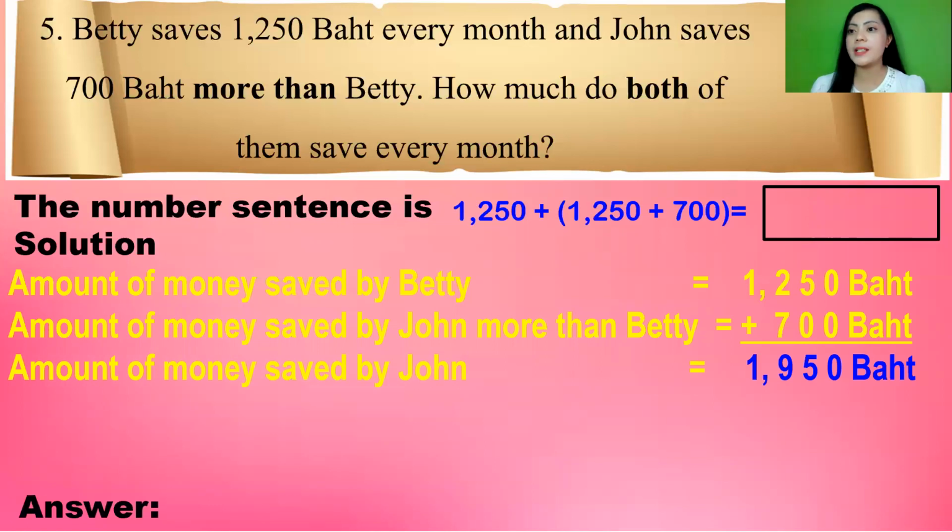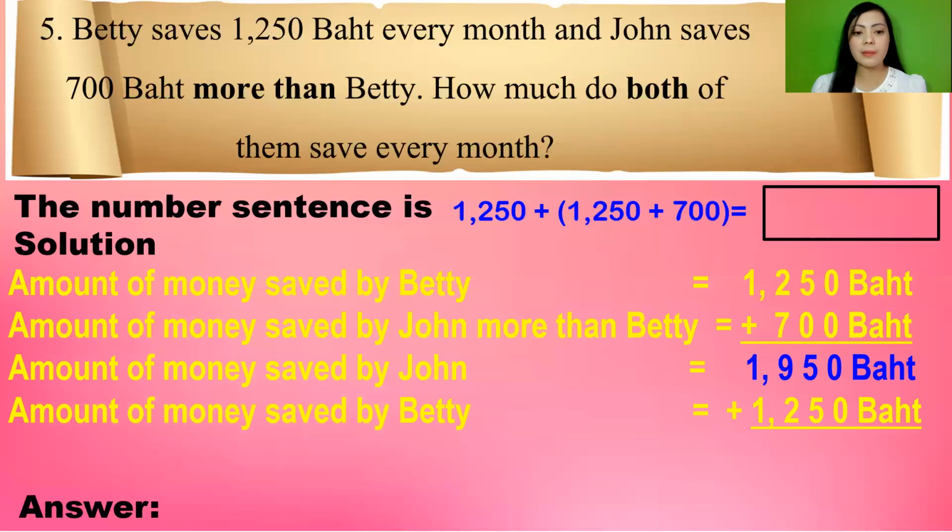That is more than Betty. Okay, so now we can add the savings of Betty and the savings of John because we already found the savings of John. All right, so the amount of money saved by Betty equal to 1,250 baht. Now you're gonna plus together, okay?